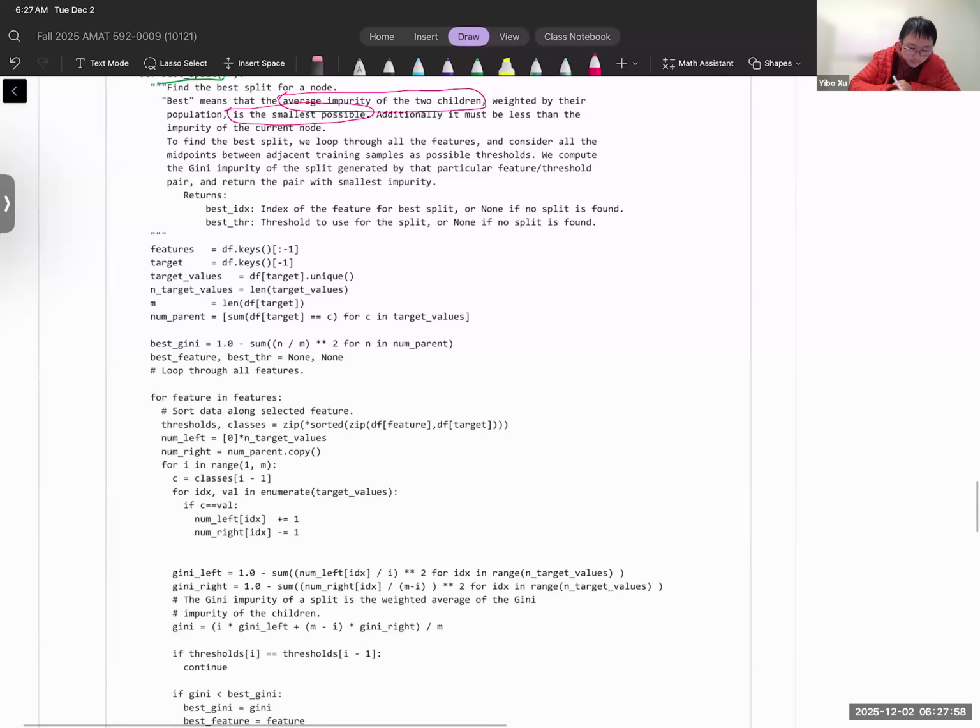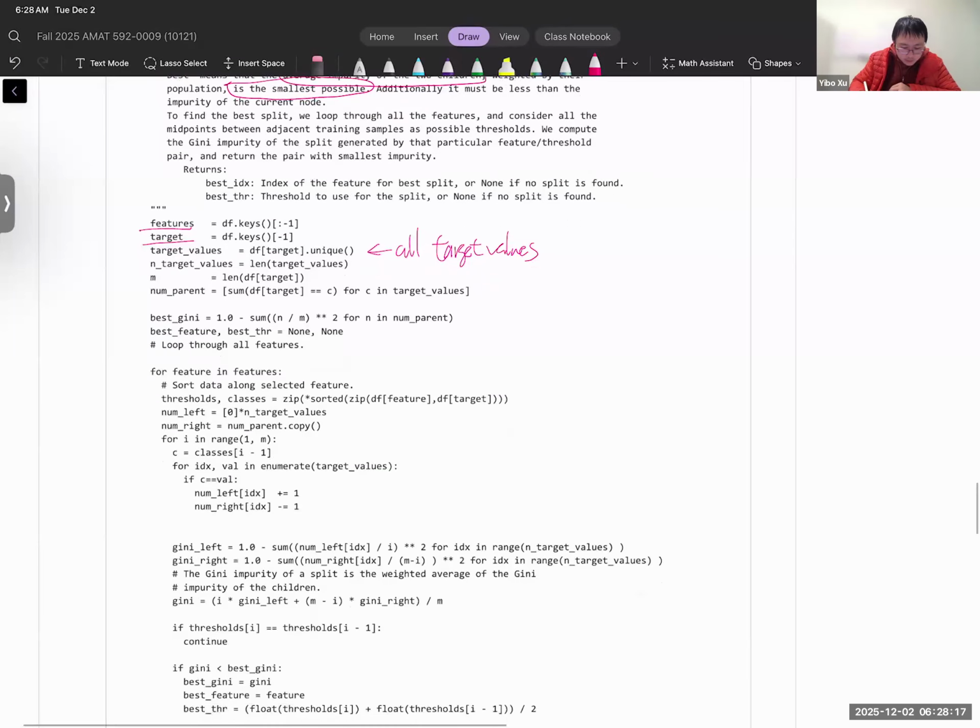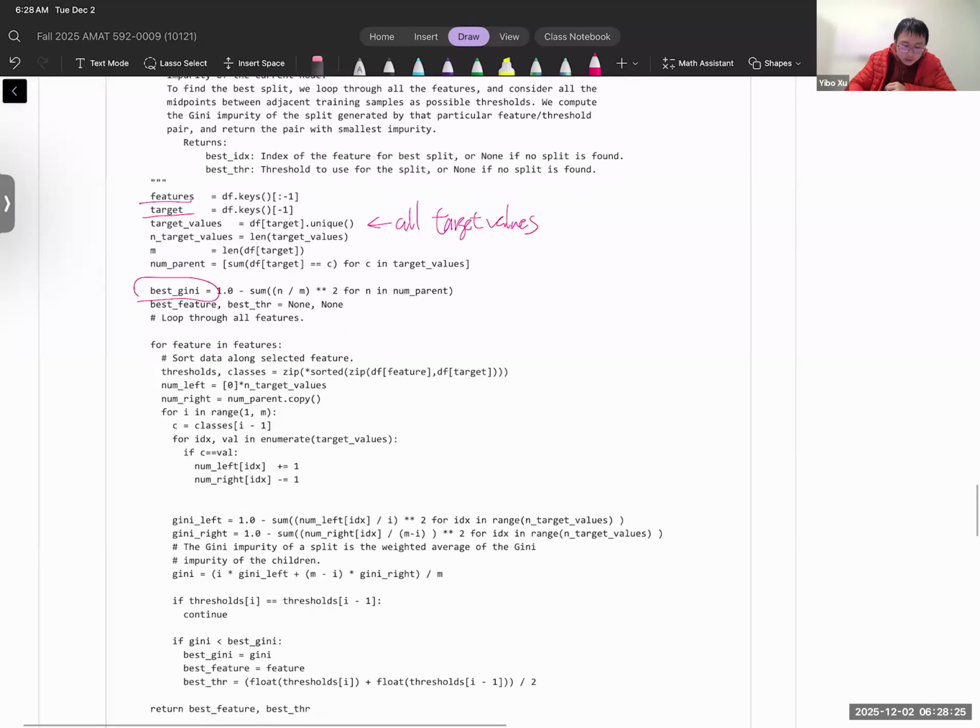Okay, so there isn't really a lot to say for the top part. Getting the features, getting the targets, a unique target, all target values. And that's the Gini, right? So here this best Gini is now important because we are looking for the smallest possible.